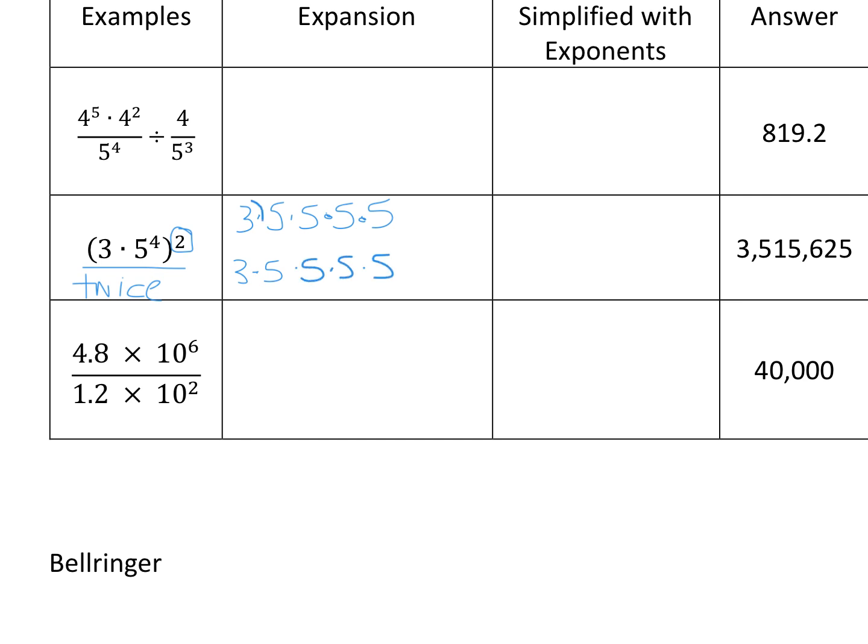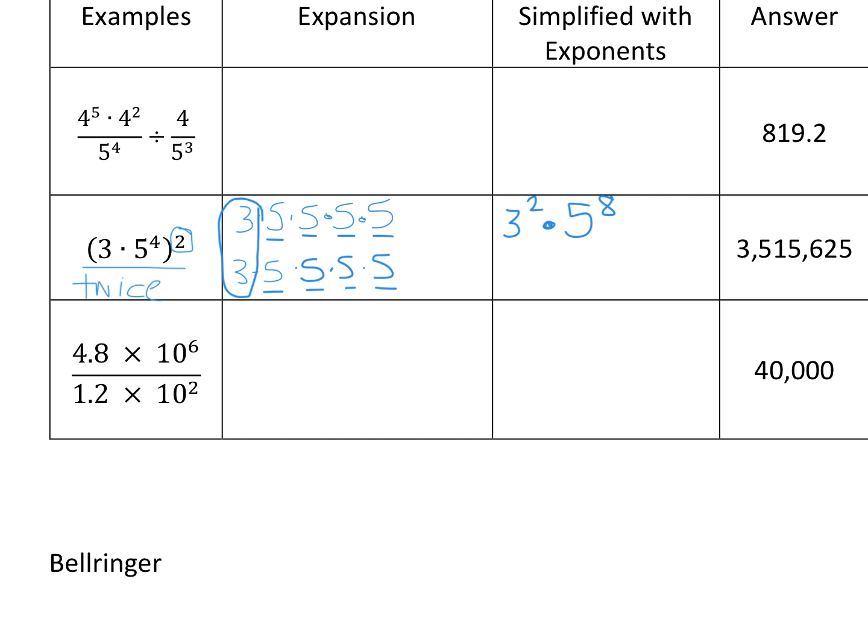And I can see here, simplified with exponents, I have two 3s, so I'm going to write 3 squared. And I have 1, 2, 3, 4, 5, 6, 7, 8 5s, so times 5 to the 8th. And if we put that in our calculator, we will get 3,515,625.